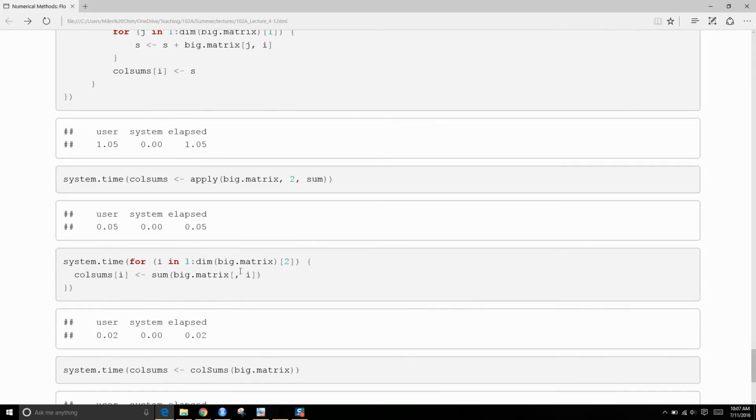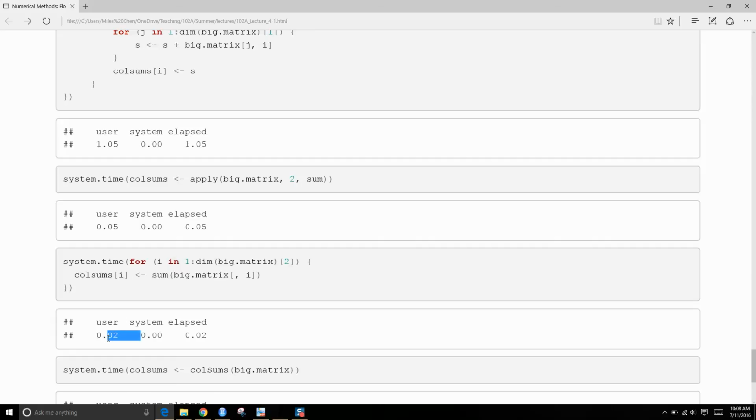If we create something like this, where we've created a loop for each column, but within the loop we just say take the sum, reduce big matrix, just pull out column i and take the sum of that column, this is a vectorized operation, and we do that for all 1,000 columns.